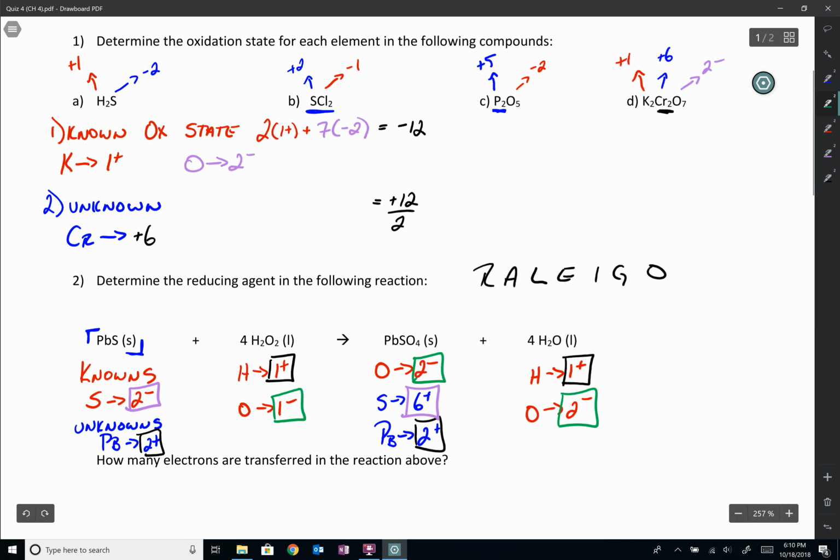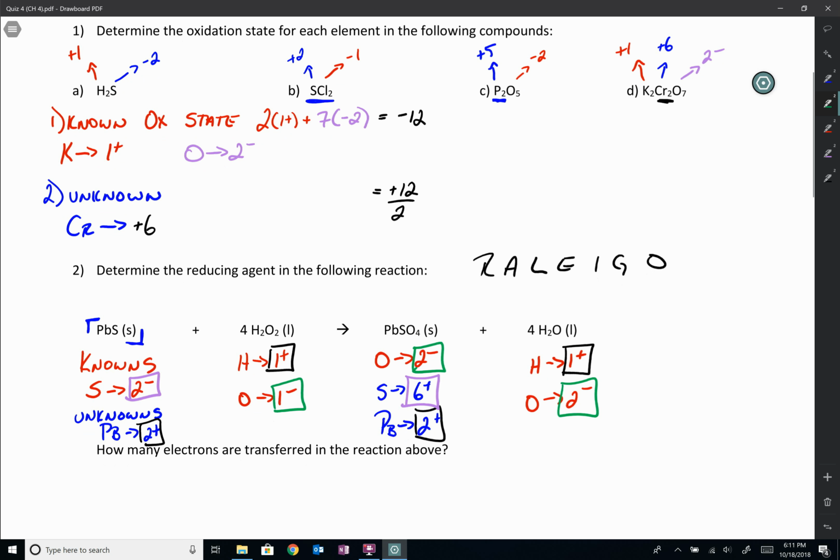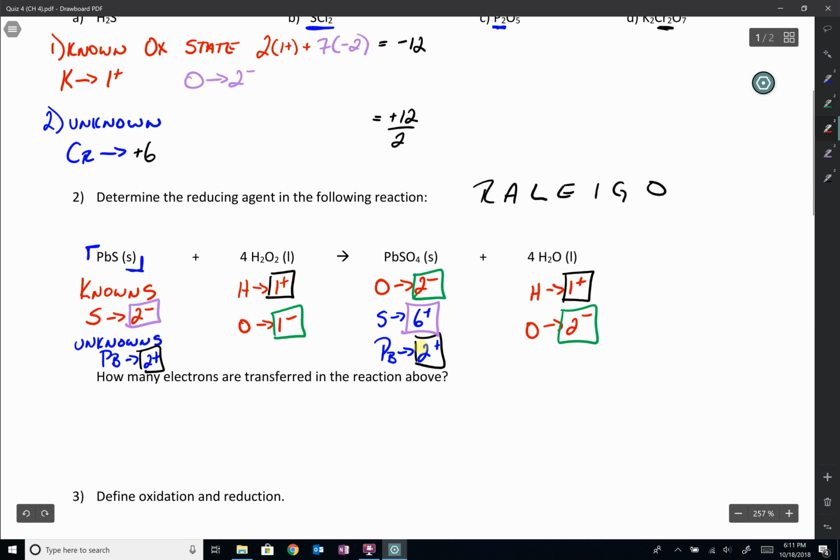So lead doesn't change, so it's not a reducing agent. Hydrogen doesn't change, it's not a reducing agent. So we've got two things that change, in the purple and in the green. Sulfur goes from a 2 minus all the way to a 6 plus. What's my change in electrons here?